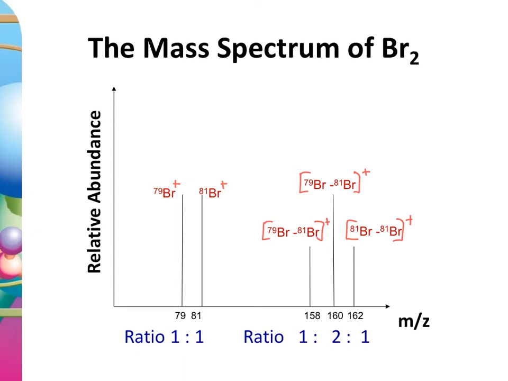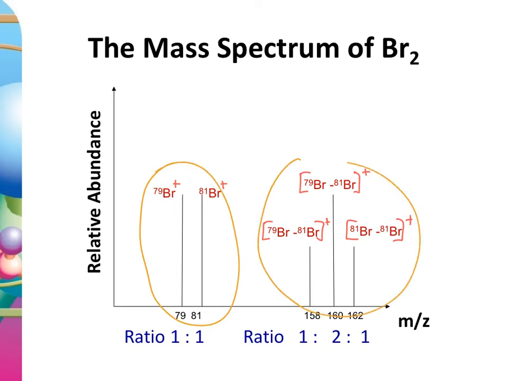Now, in terms of their heights, I want to split them into 2 groups. They are not all to be compared with each other. We can compare these 2 peaks with each other, and we compare these 3 peaks with each other. But we're not comparing the right-hand set with the left-hand set.